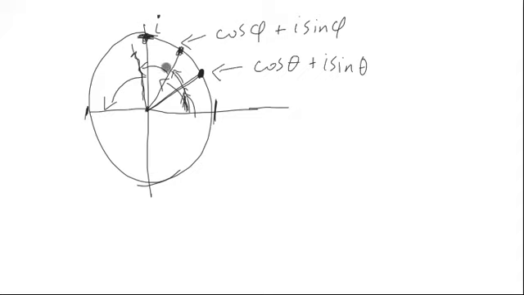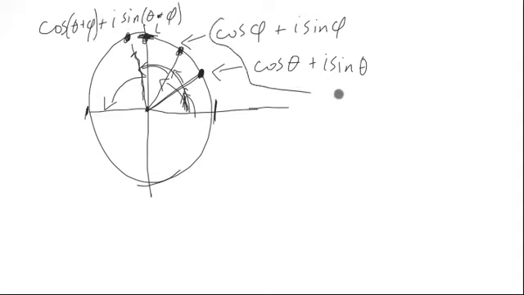So one angle plus another one. So you get theta plus phi. The full angle right here, we end up getting to this coordinate, which will be the same thing as cosine of theta plus phi plus i times sine of theta plus phi. And we'll get that when we simply multiply these two together.